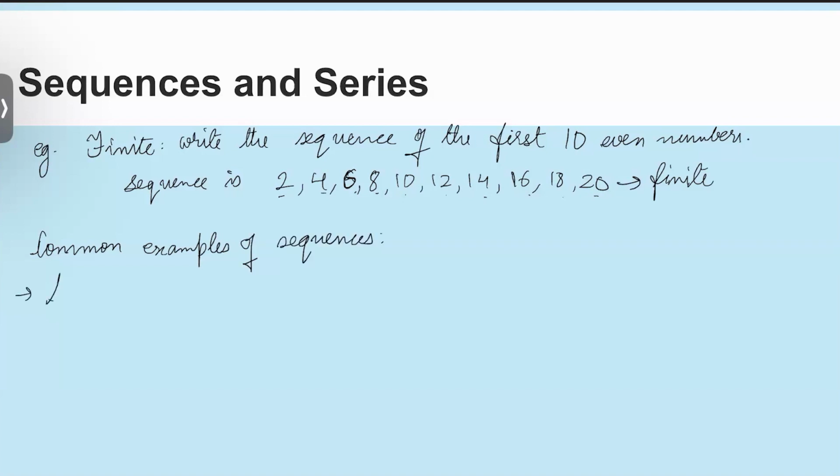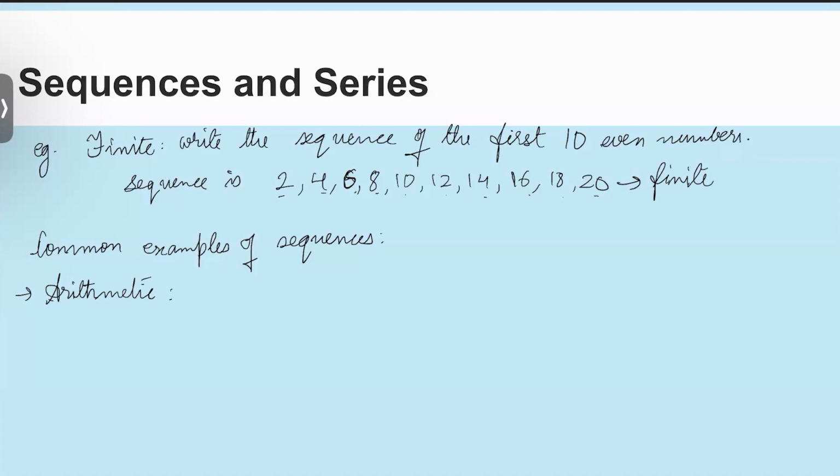The first one that we have is called arithmetic. In arithmetic, every term existing in the sequence is created by adding or subtracting one number. So there is one particular number which will be either added to or subtracted from the previous term, so you get the new consecutive term.